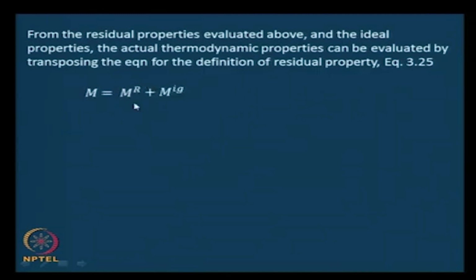Once you have the residual value, the actual value is nothing but the residual value plus the ideal gas value. Therefore, if you have the ideal gas value, then you could find the actual value, or for a process going between states 1 and 2, M2 minus M1 or delta M equals delta Mr plus delta M ideal gas.